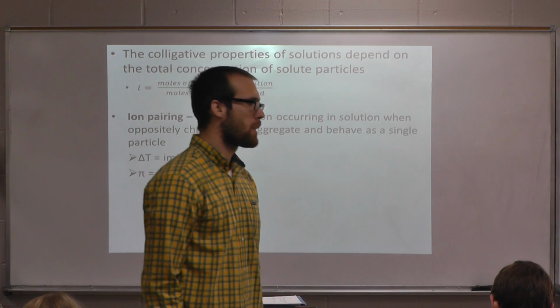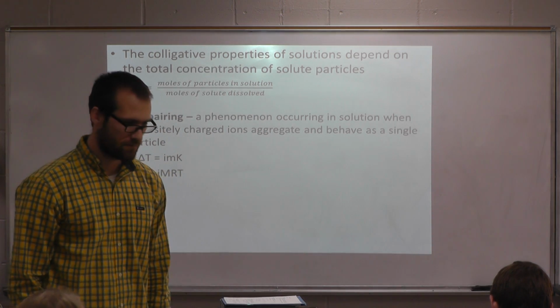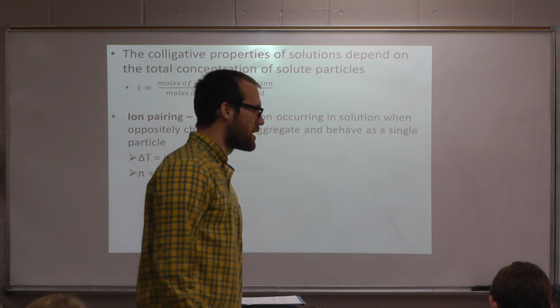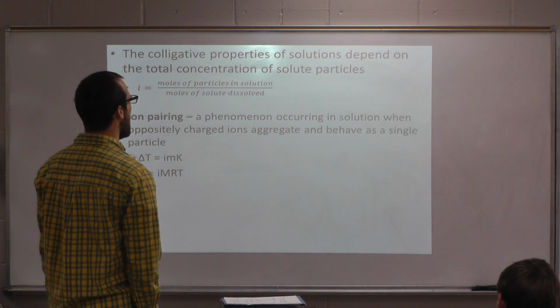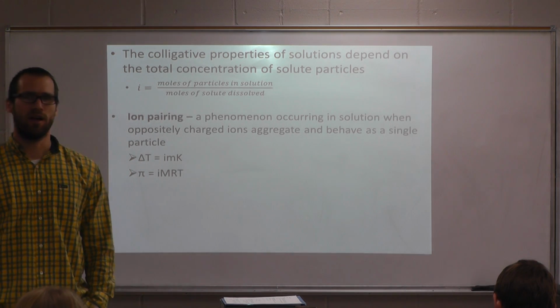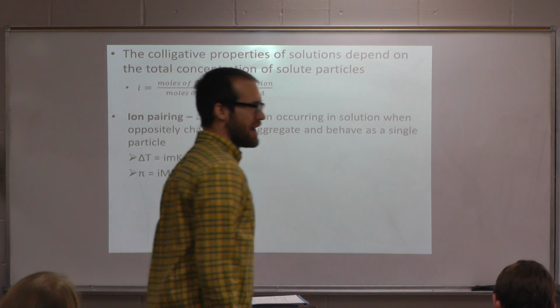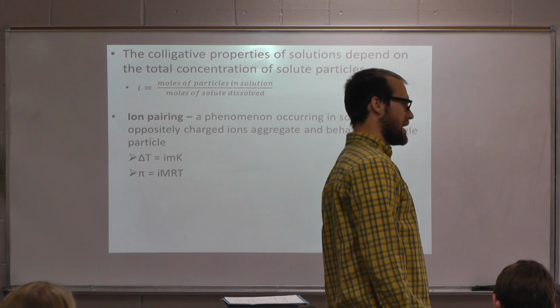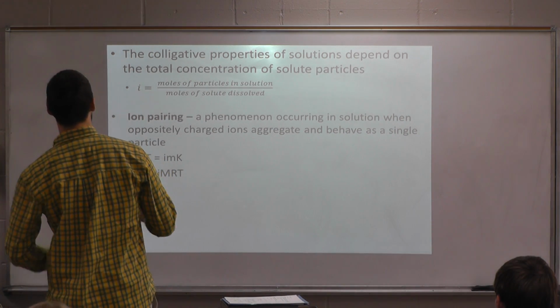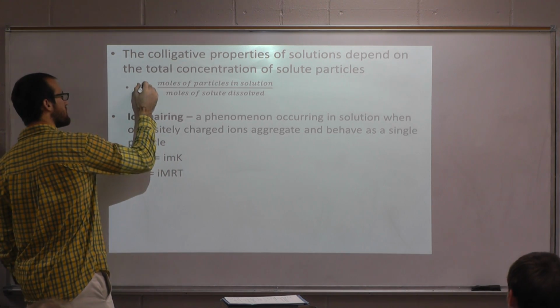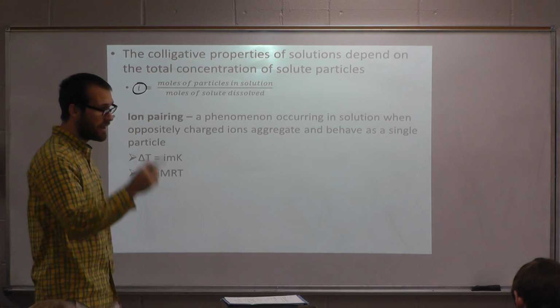Ionic breaks apart, so it doubles the moles or triples the moles, however many it breaks up into. So we can figure out how much more an ionic compound is going to impact than a covalent one by looking at how many more particles it will break up into. They refer to this whole number multiple as i.